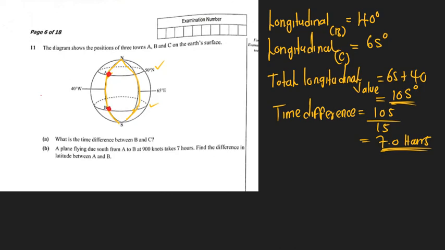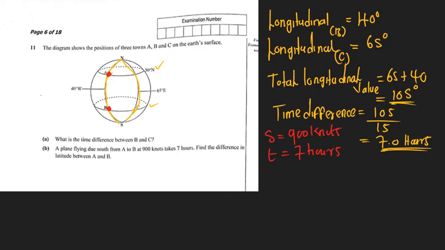And then they are saying that it is flying at a speed of 900 knots, and your time is 7 hours, which you already calculated. Now they are saying find the difference in latitude between A and B.